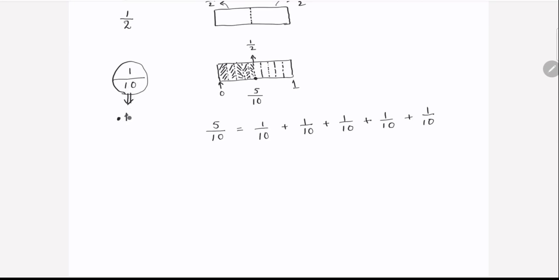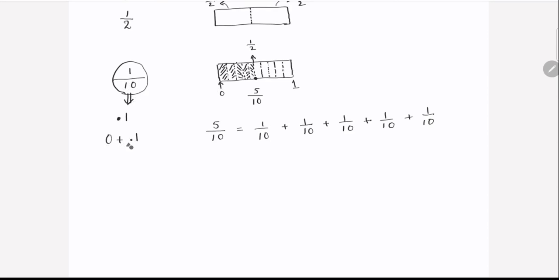And another way to write this is 0.1. It has no whole units, so I might as well say 0 plus it has only one tiny part out of the 10 tiny parts that make up the whole.